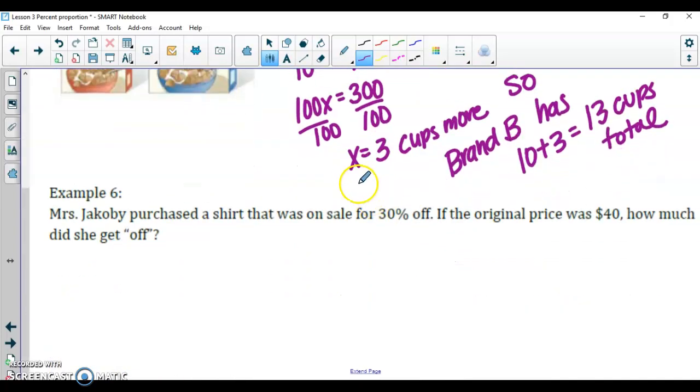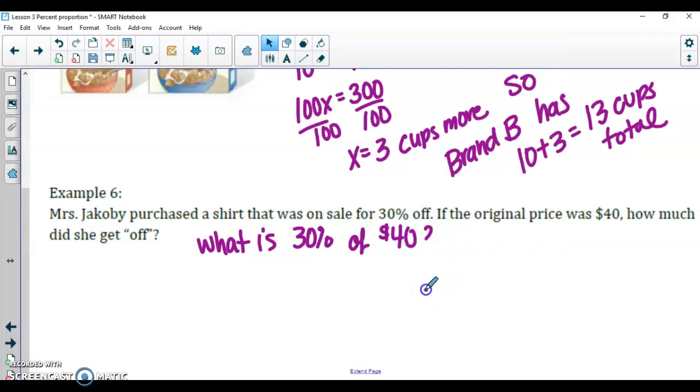In the last example, this is going to open up our conversation for the next part of our chapter. Mrs. Jacoby purchased a shirt that was on sale for 30% off. The original price was $40, so how much did she get off? So we want to know what is 30% of $40. I'm going to have you set this one up and solve it.